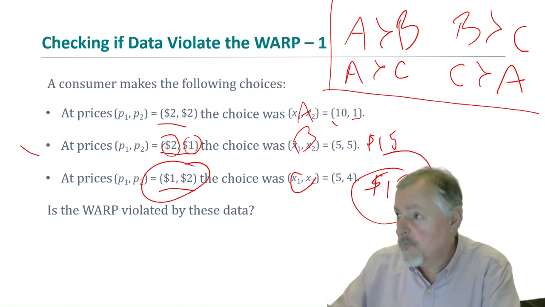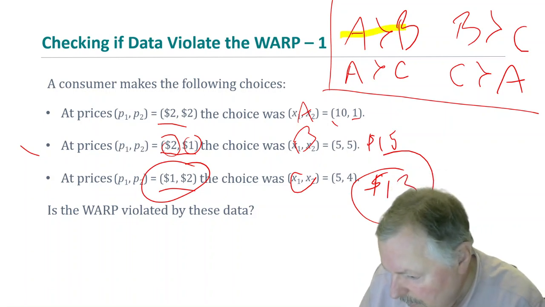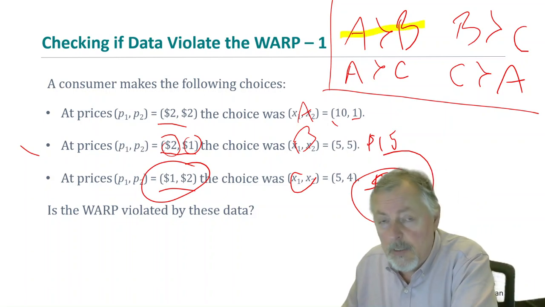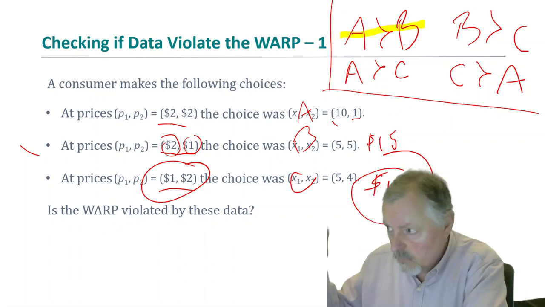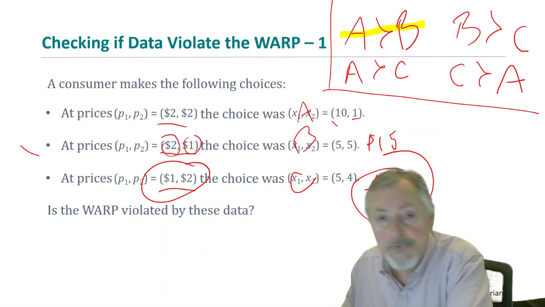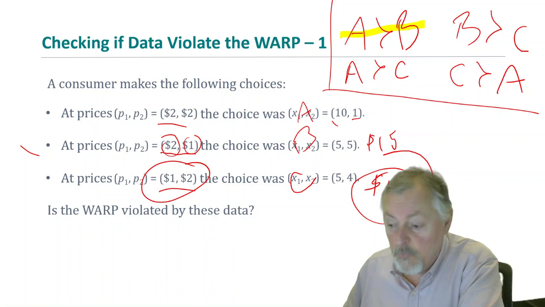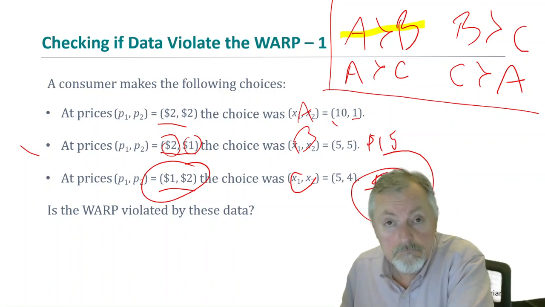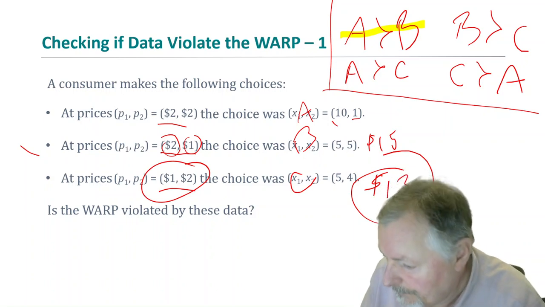Well, this first one says you like A better than B. Is that directly revealed contradictory? Well, no. Nowhere here does it say that you have directly revealed you like B better than A. So that's possible.